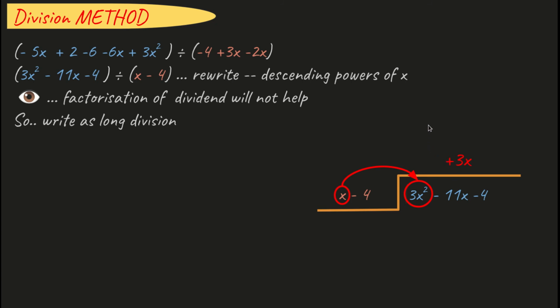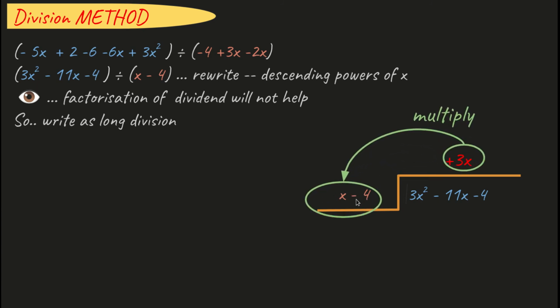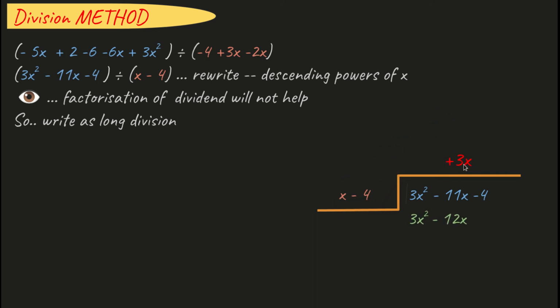Now, once we've done that, we go to the next level and we say, all right, so if I take this 3x and I multiply it by my divisor, very important, what am I going to get? And what I do is I write that down at the bottom. So 3x multiplied by x is 3x squared. 3x multiplied by negative 4 is minus 12x.